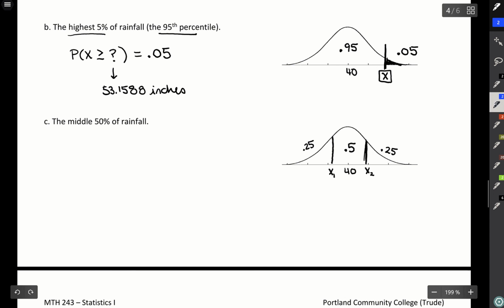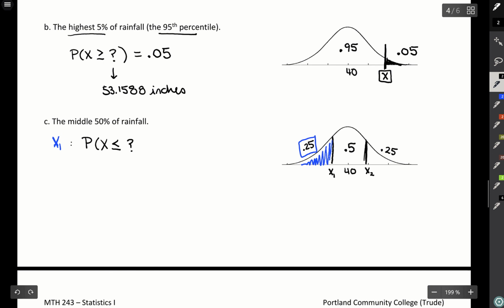So instead, let's say we're finding x1 first. Instead of focusing on the middle 50%, what we can do is use the fact that this 25% must hold true as well. Once we have that middle 50%, those other two values come through. So where x1 creates this middle 50%, simultaneously it has this area to the left of 0.25. So what we can do is in GeoGebra, look at probability of x being less than or equal to, make this left-hand side.